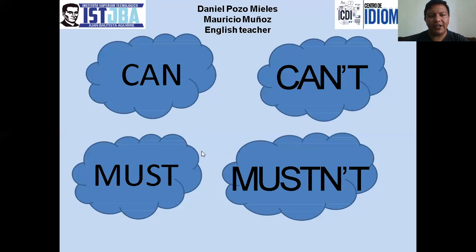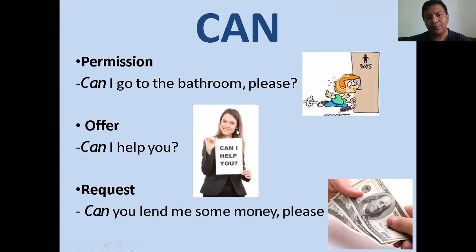Okay, students, we start. As you can see here, we have can, can't, must and mustn't. Now we are going to check which use we give to each of them. Let's start with our presentation.